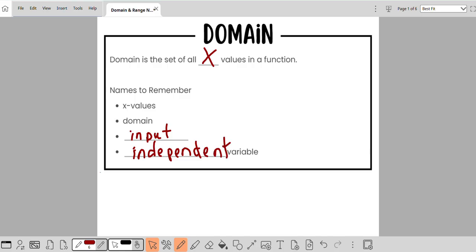All right, so domain, all the x values, domain, input, independent. All of those words mean the same thing, but you got to know them all.